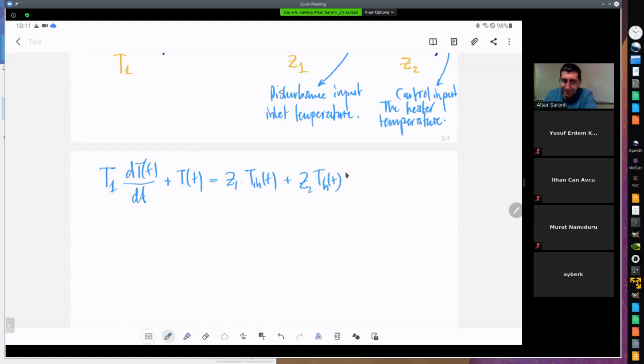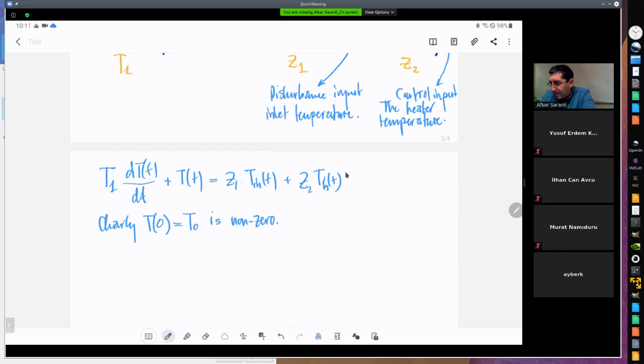Okay. So what about the initial condition? Clearly, T(0) is non-zero.